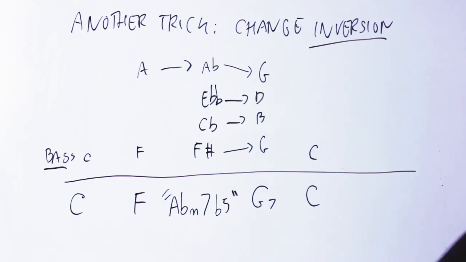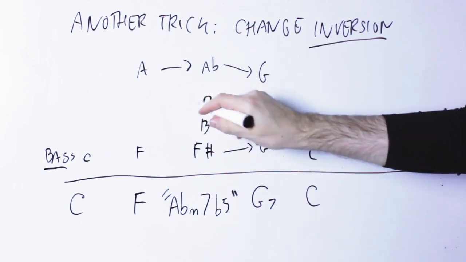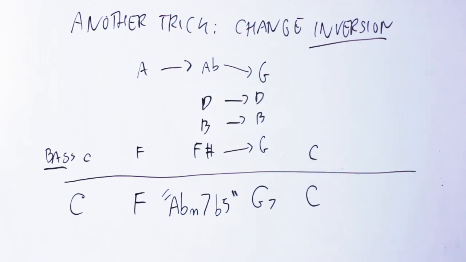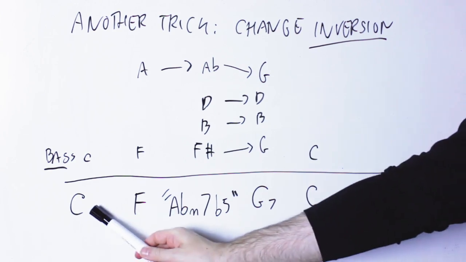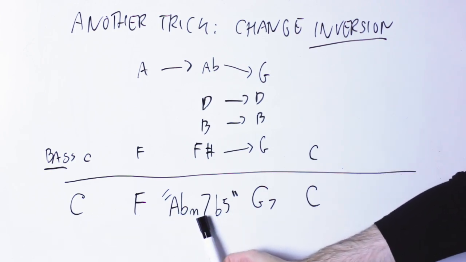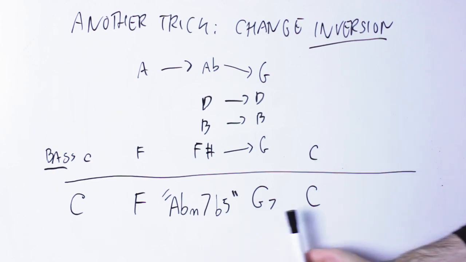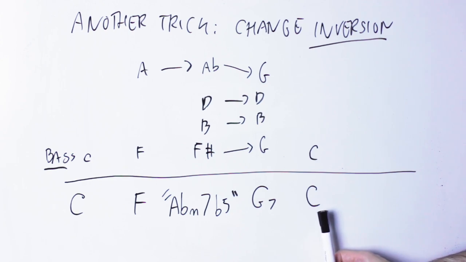What happens if I play an A flat minor 7th flat 5? So if I play the Tristan chord only inverted in this way. And again, personally, I still like the Tristan chord even in this inversion.